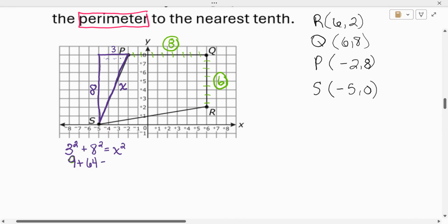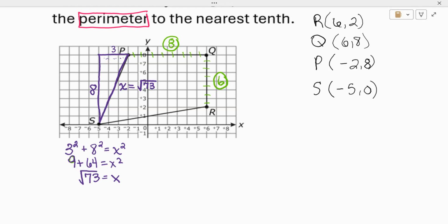Equals x squared. Yes, it's 73. And I know that if it's x squared and I want to get x all by itself, what do I have to do? Square root it. So really, x is the square root of 73. So this side that we just calculated right here equals the square root of 73.